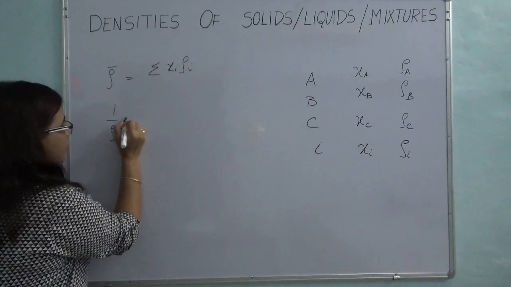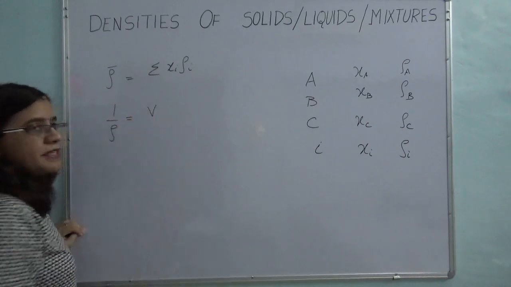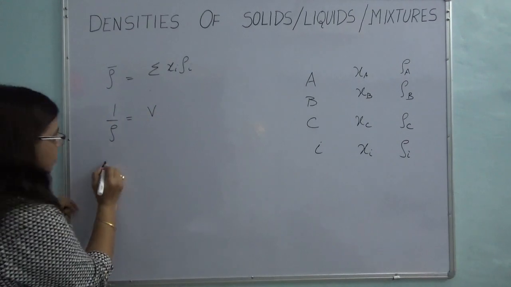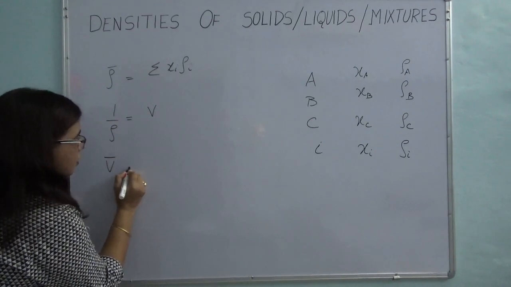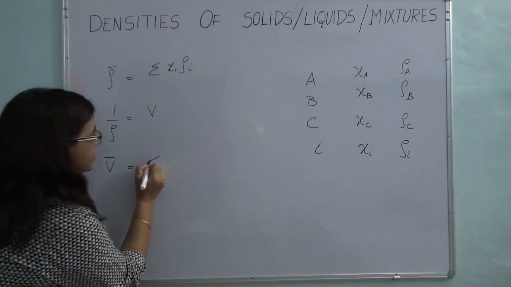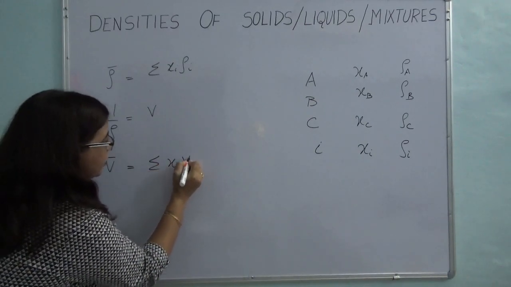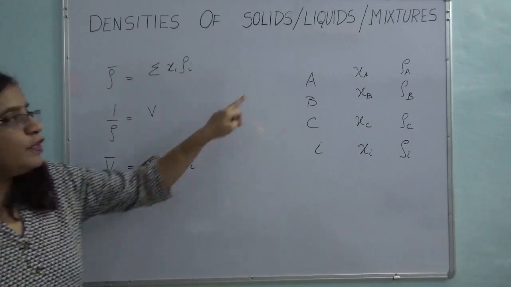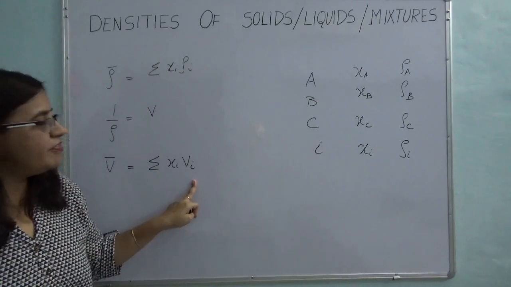Now, the inverse of density we all know. What is that? The inverse of density is specific volume. I can also find my average specific volume for the mixture, and I can write a similar equation: summation of xi vi, where vi is the specific volume of each component. How do I find vi?